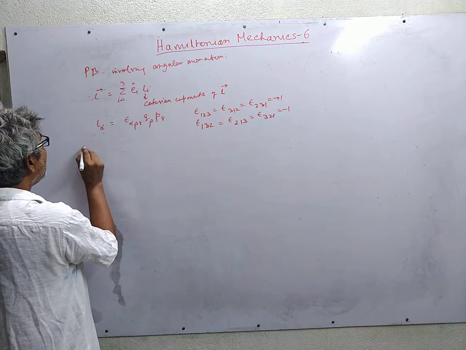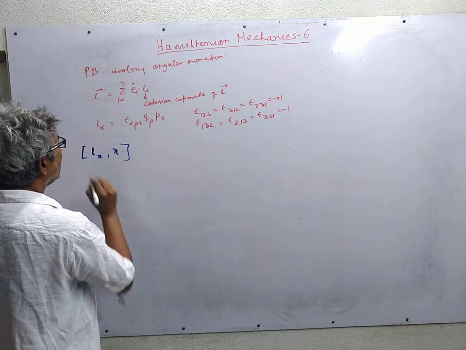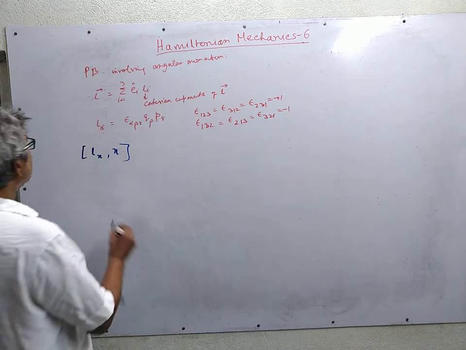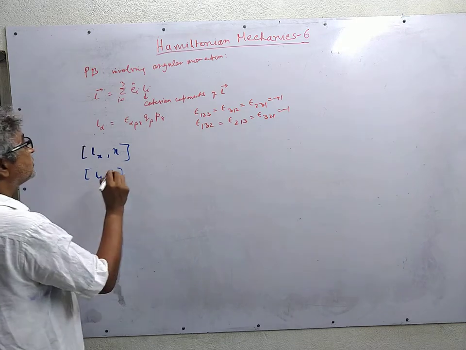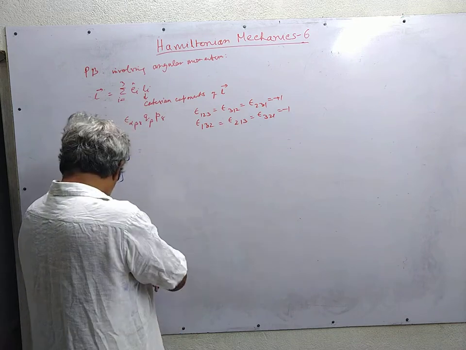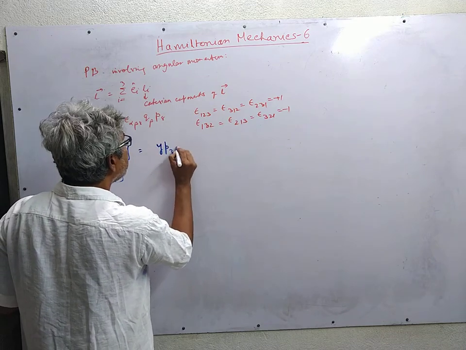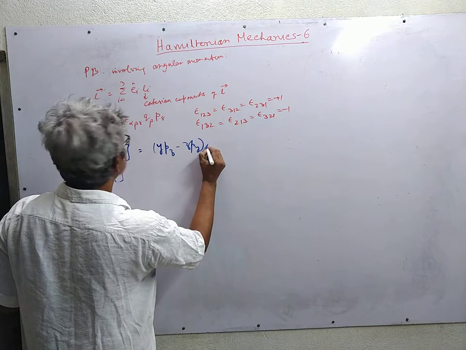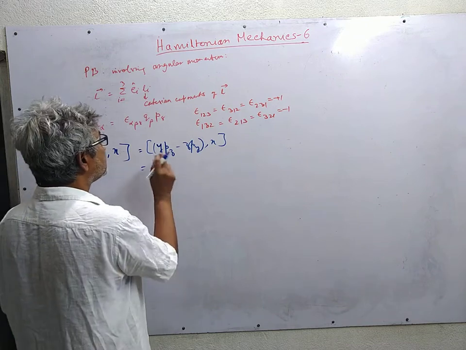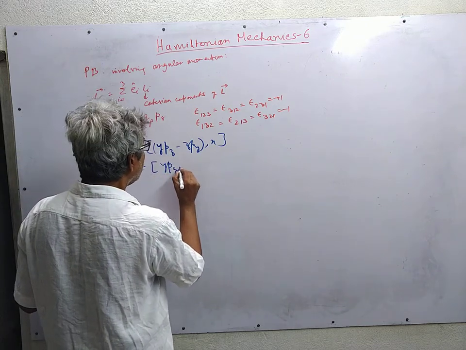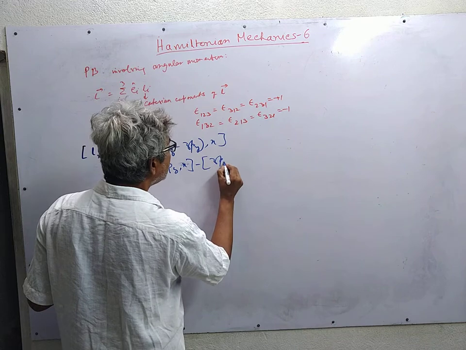So we make a simple calculation. Consider [L_x, x]. In this notation it is basically [L_1, Q_1]. So L_x is y p_z minus z p_y, and we take the bracket with x. This is the combination of two Poisson brackets: [y p_z, x] minus [z p_y, x].